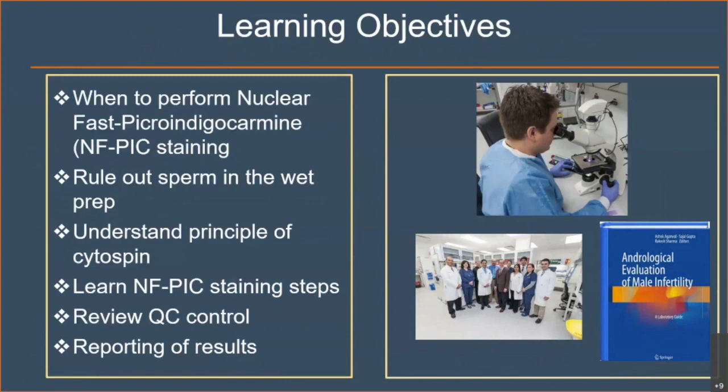How to rule out the sperm in the wet prep. Understand the principle of the cytospin involved before the slides are stained. Review the NFP staining steps. Understand the quality control and the reporting of the results. And in the end, I will leave you with some take-home message. Next slide, please.